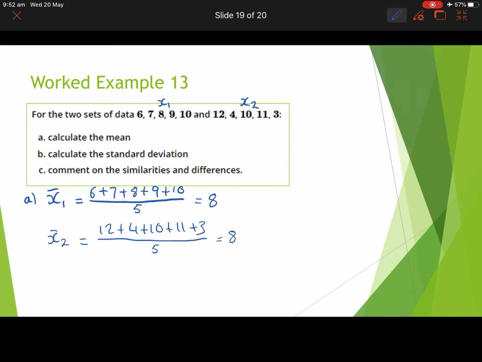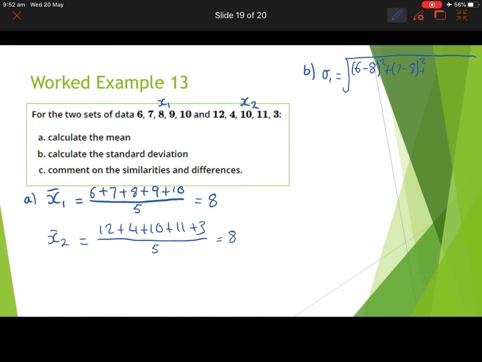So that's A. We've calculated the mean for both sets. For B, we've got to calculate the standard deviation. We use that really big long formula. Standard deviation is this little symbol for the first one. We need the square root of our first data value, 6, subtract the mean, which is 8, and square that, and so on with all of the numbers.